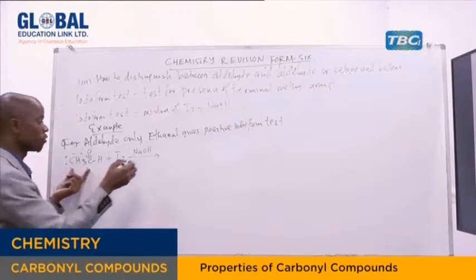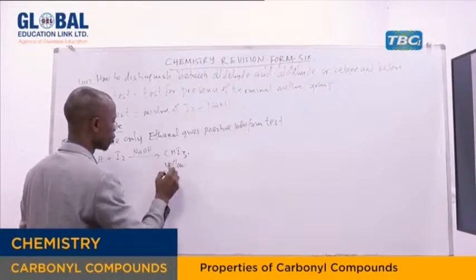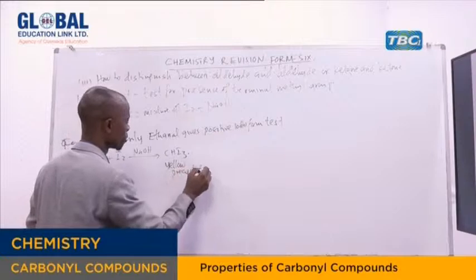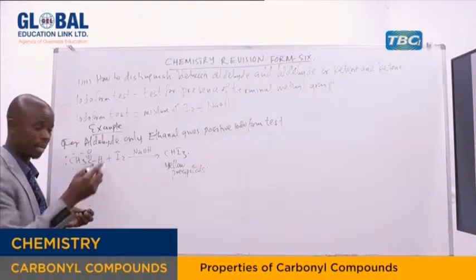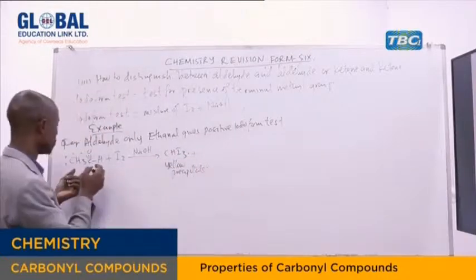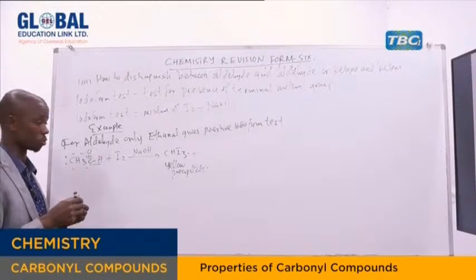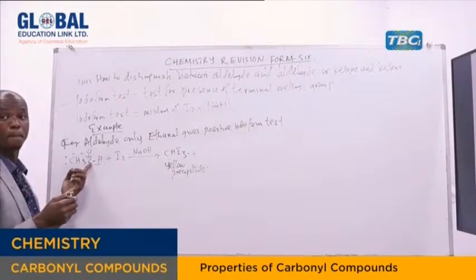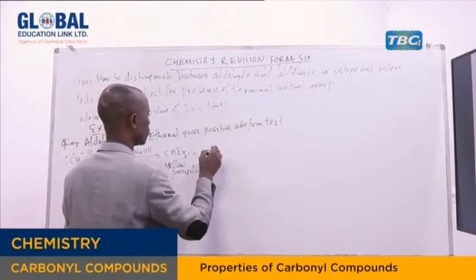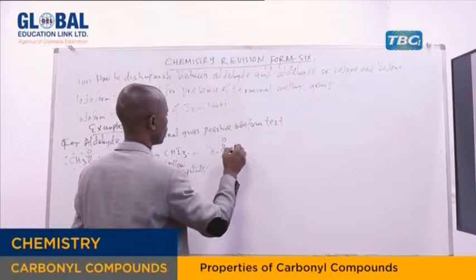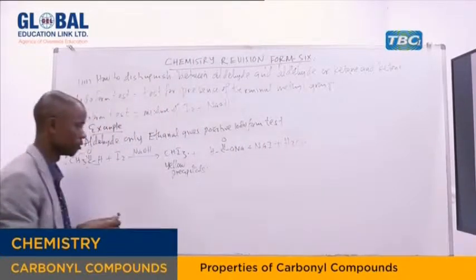So this one will form triiodomethane, which is a yellow precipitate, to indicate that the organic compound contains a terminal methyl group. From there, the remaining carbon with this carbonyl group will be oxidized into a carboxylate salt. It will be sodium methanoate because there is only one carbon here. Plus sodium iodide and water.